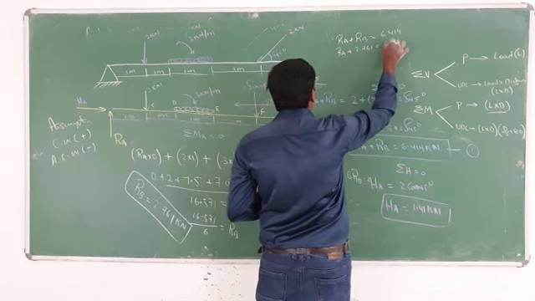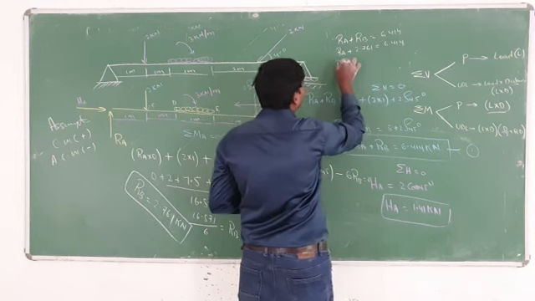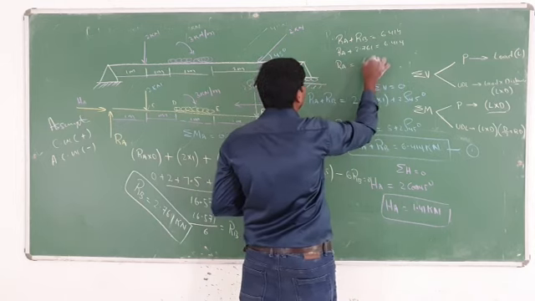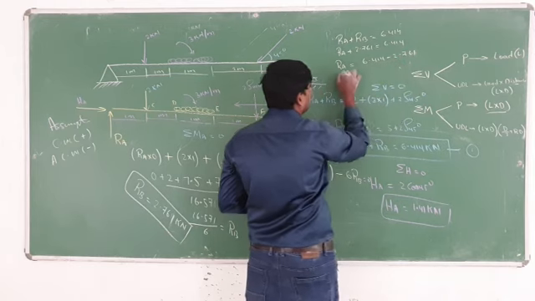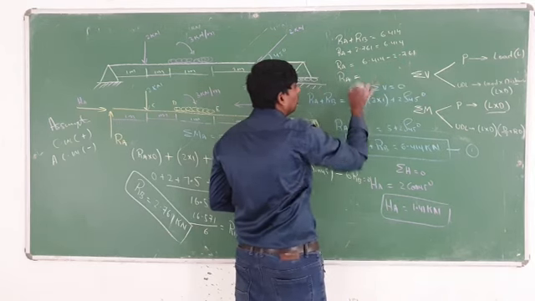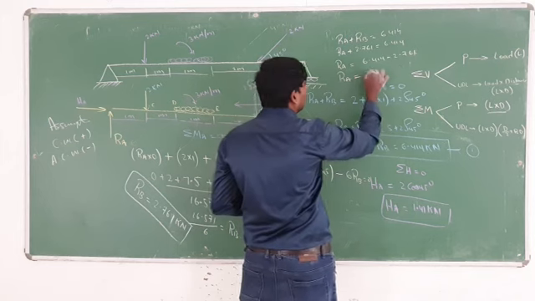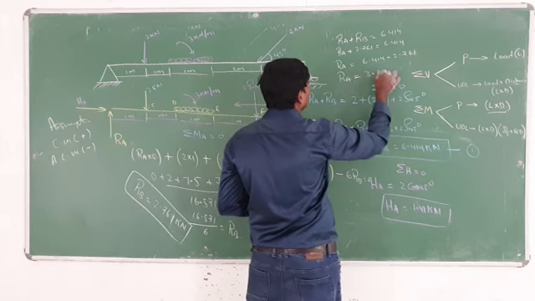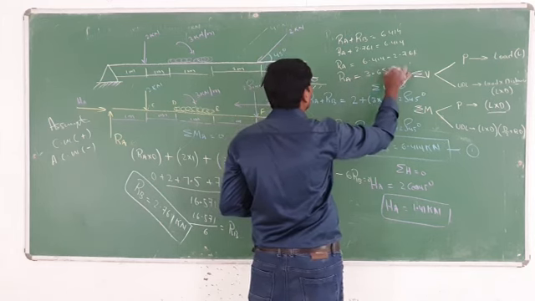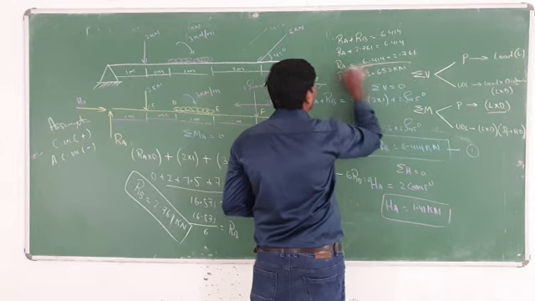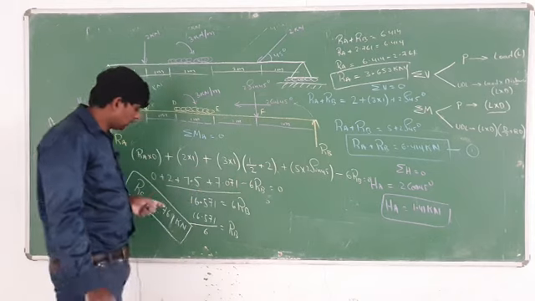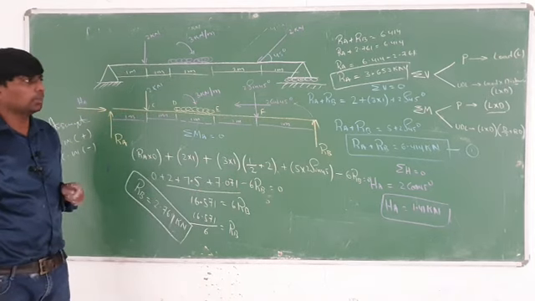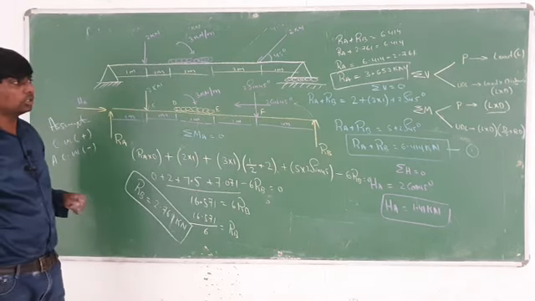So RA is equal to 6.414 minus 2.761. From this you will get the value of RA: 3.653 kilonewton. That one is your RA and this one is your RB.